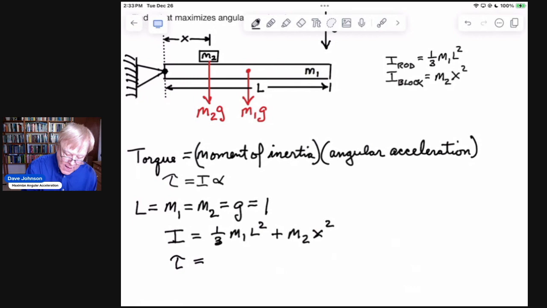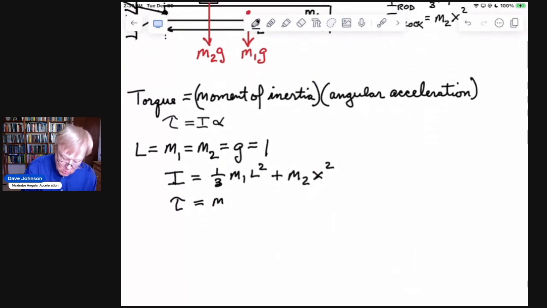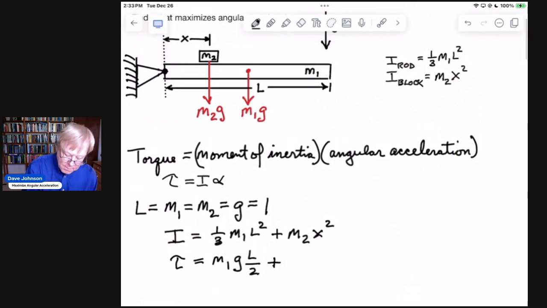So let me write that. m1g times L over 2, plus, so we're going to get the total torque here, plus the torque for the block, which is the force times the distance that the force acts on from the pivot.